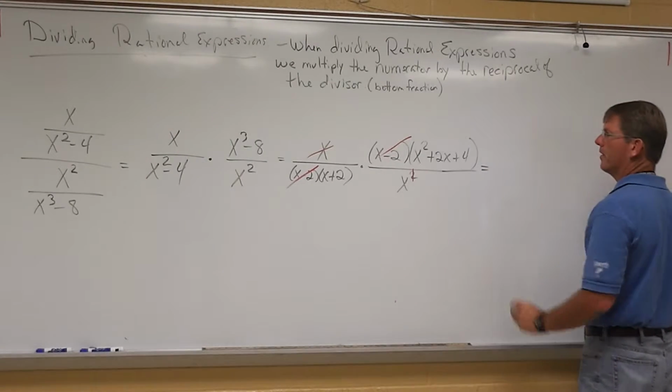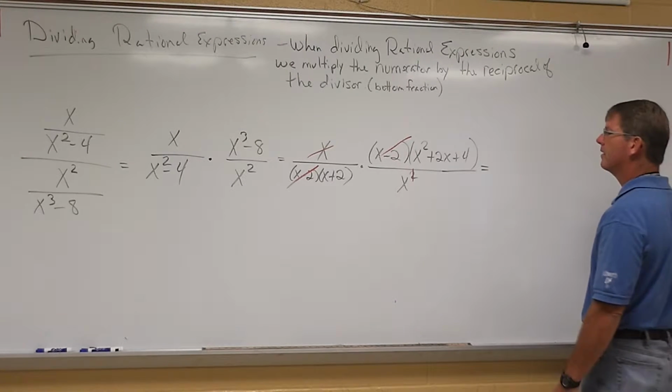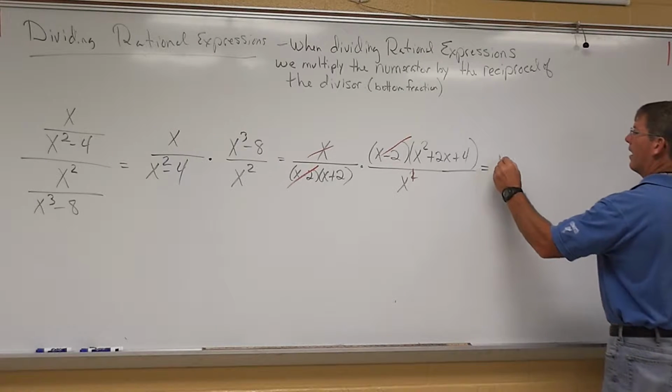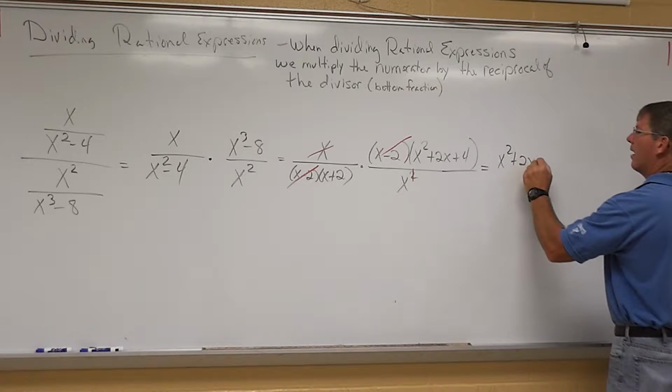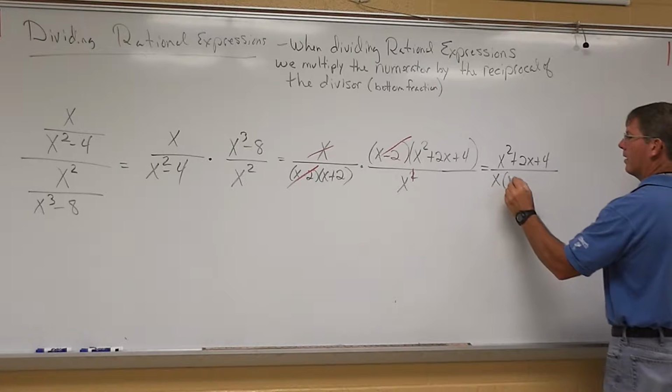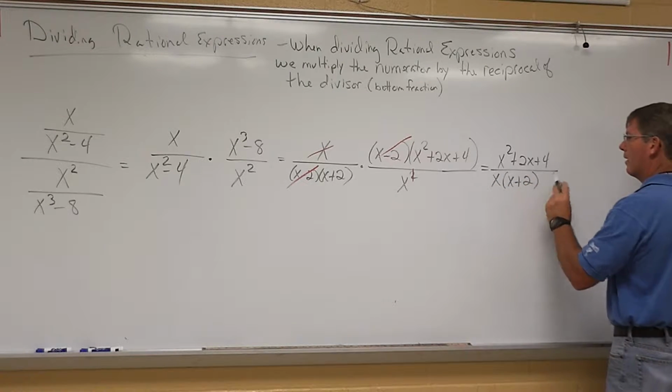And then we just express our final answer, and tell me what to write, Evan. On the top, x squared plus 2x plus 4 over x times the quantity of x plus 2.